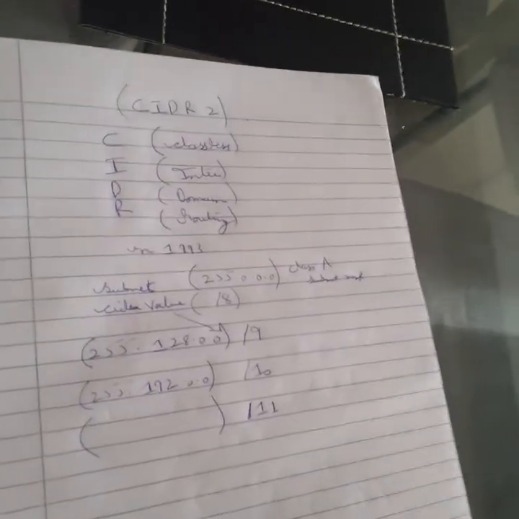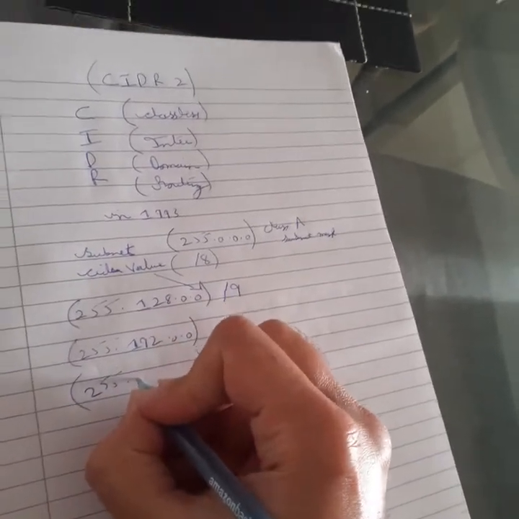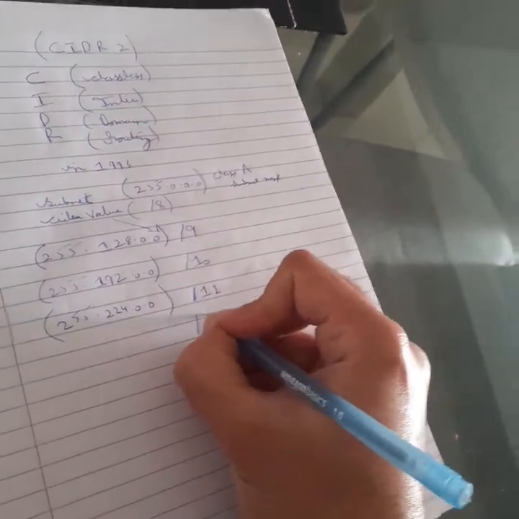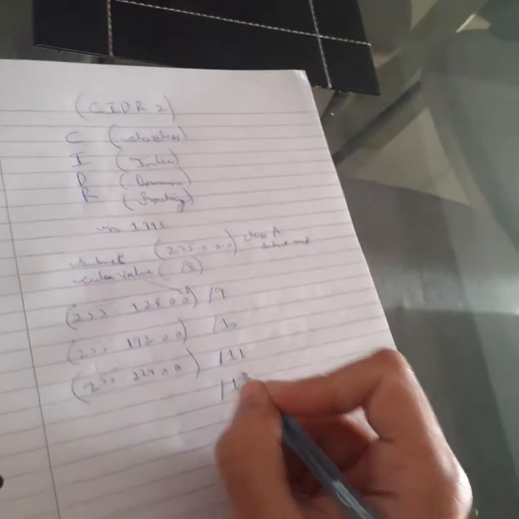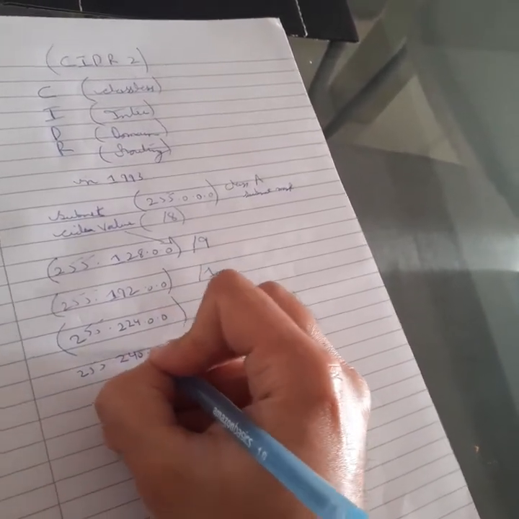Right, what's next? 255.224.0.0. And then we got /12, that's going to be 255.240.0.0.